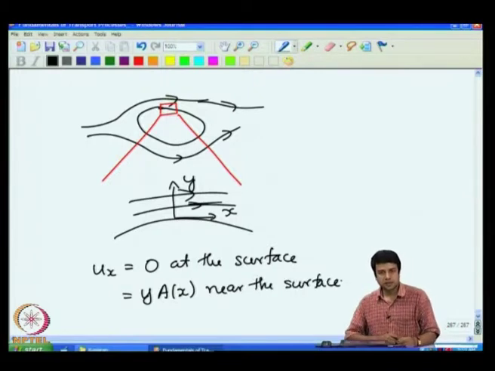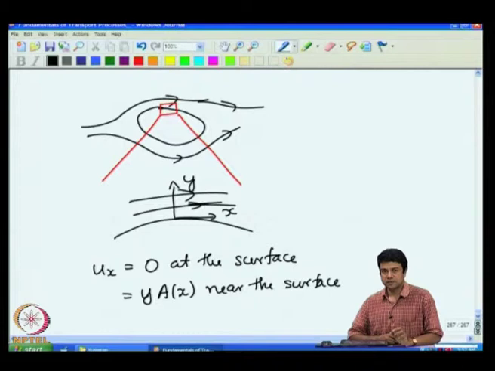It has to increase linearly away from the surface, unless for some strange reason the strain rate is also 0 at the surface. So, if the strain rate is not 0 at the surface, then the velocity field at the surface has to decrease to 0. Therefore, it has to go as A of x times y as you go away from the surface, very near the surface.